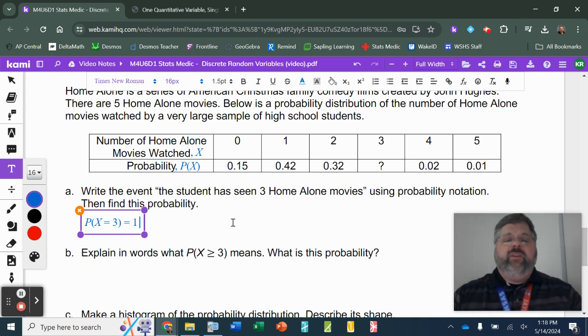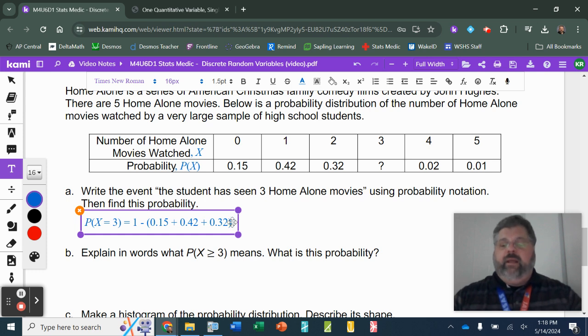So what I'm going to do is take 1 minus, and I'm going to add up the ones that I do know. So I'm going to have the 0.15 plus the 0.42 plus the 0.32 plus the 0.02 for 4 plus the 0.01 for 5.